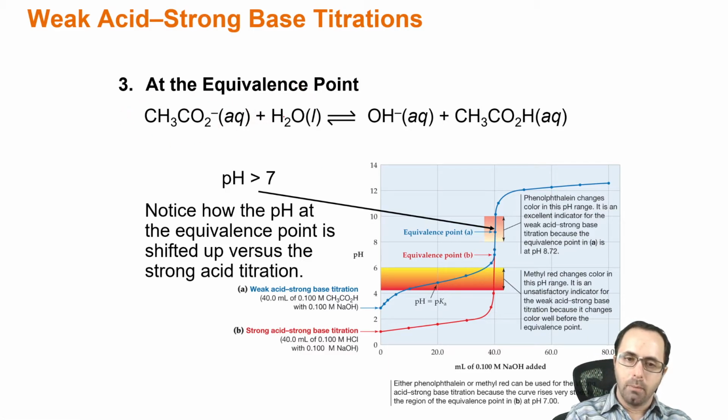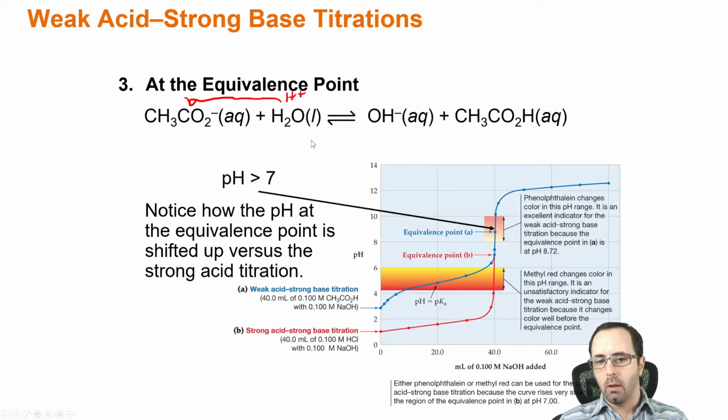What's going to happen? Now the acetate ion is the conjugate base of a weak acid, so it will accept an H plus from water. So water loses the H plus, it loses an H, charge goes down by 1 unit, becomes hydroxide. The acetate ion gains the H plus, so it has the H here and the charge went up by 1 unit.